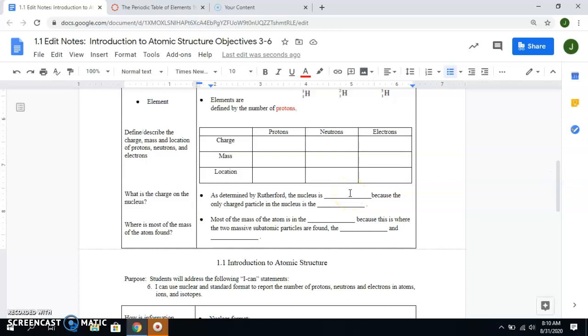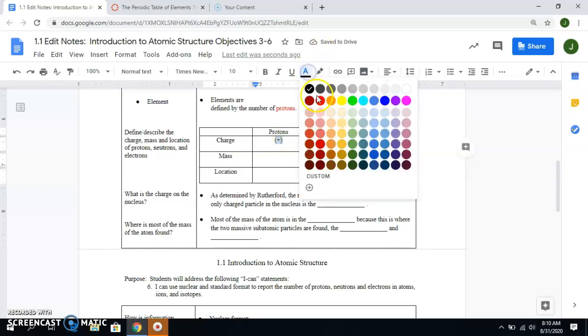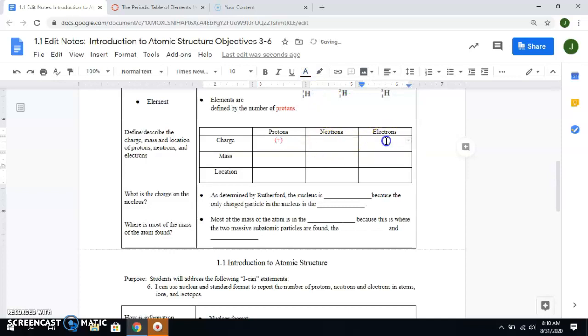Okay, now we're going to take a look at the mass, charge, and location of the 3 subatomic particles that make up an atom, which are protons, neutrons, and electrons. For charge, we know that protons are positively charged. We also know that electrons are negatively charged, so I'm just going to put a negative sign in there.